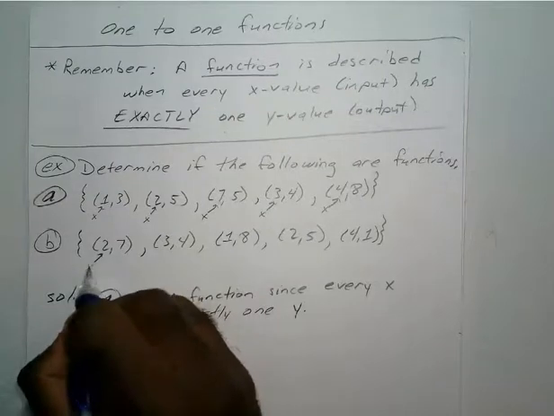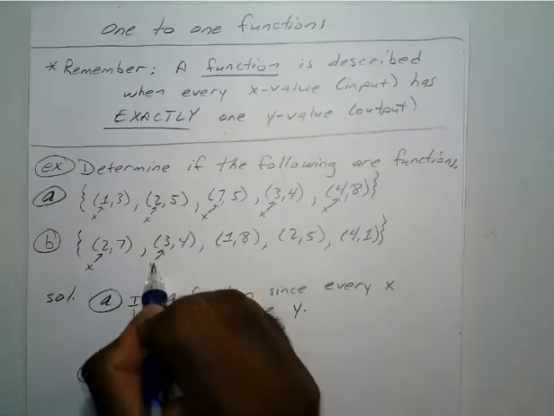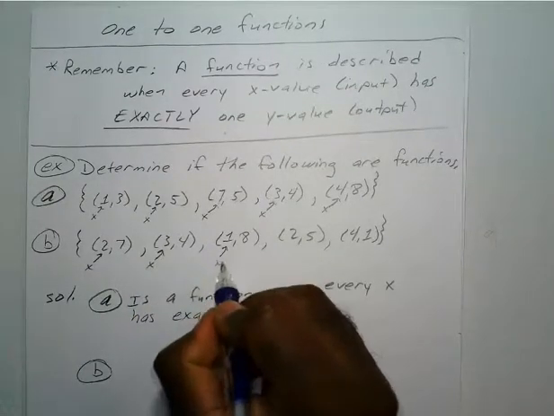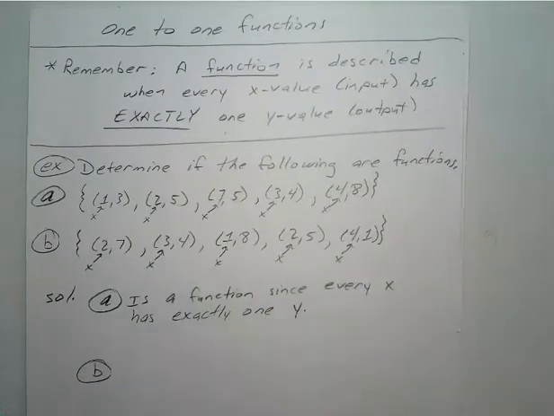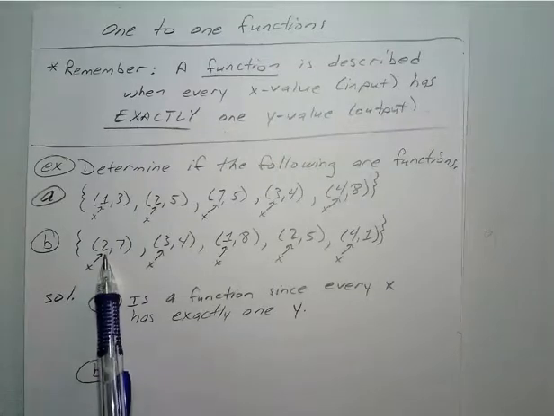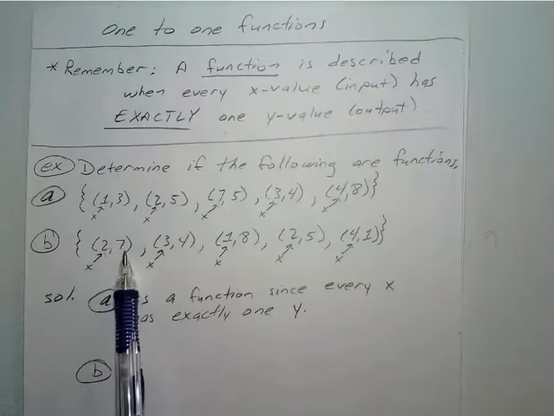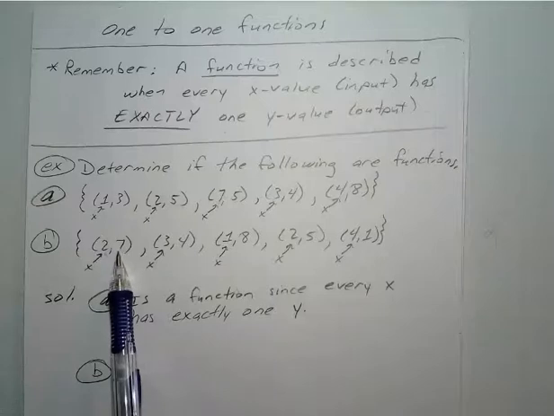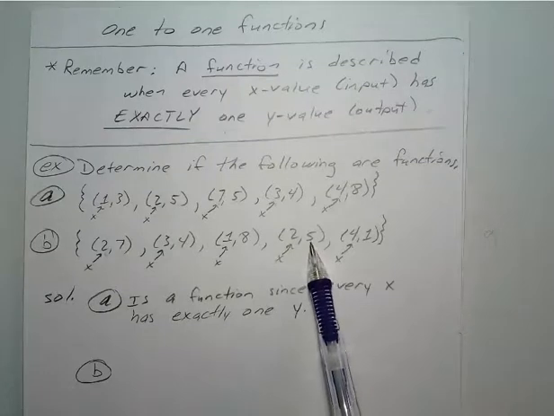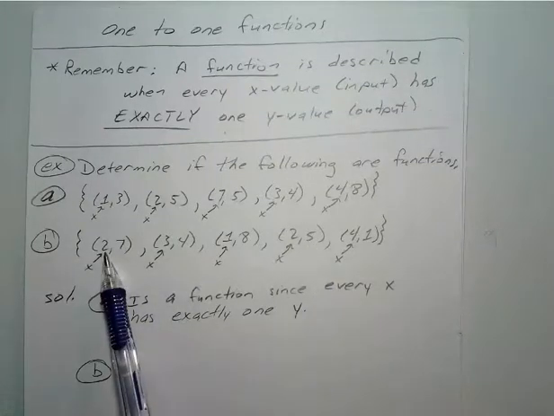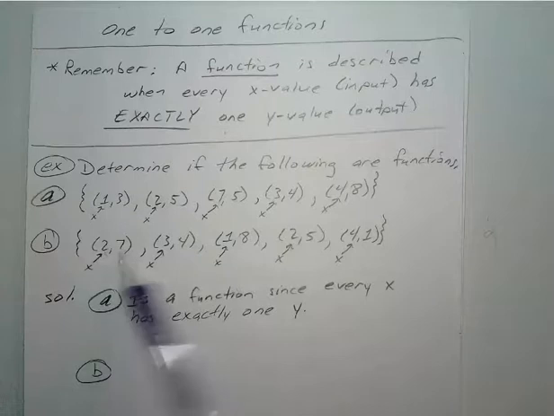Again, these are your x components. Here x equals 2 has y equals 7. But this is where it gets interesting. Here, x equals 2 has y equals 5. So x equals 2 can't have a y that's a 7 and a y that's a 5.